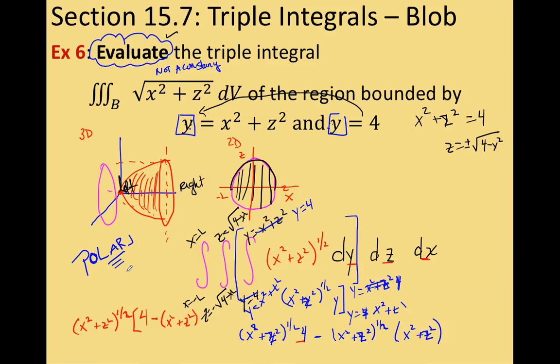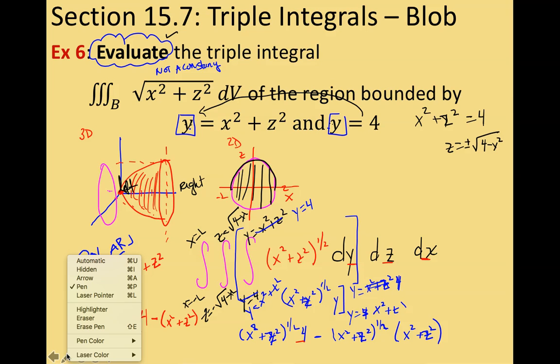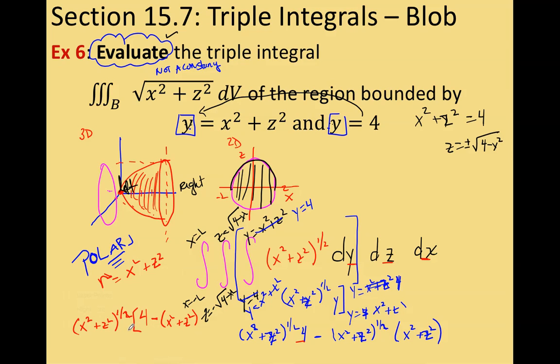So for polars, normally, which is why I kept saying x squared plus y squared, right? Normally, r squared is x squared plus y squared, but that's okay, right? So I'm in the xz plane. That's all right. If I say r squared is equal to x squared plus z squared, then what do I have here?